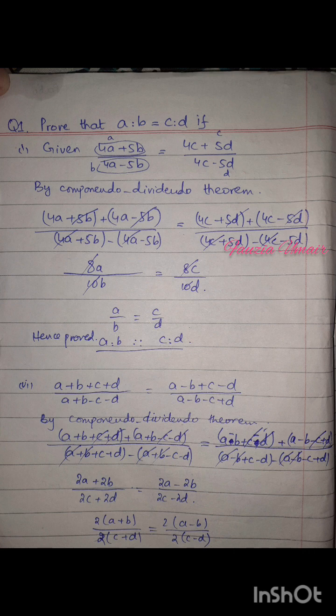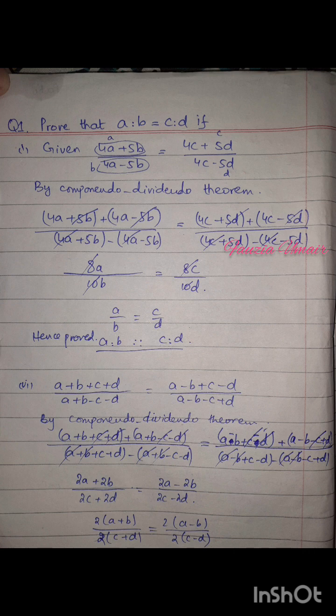Now this is very important: 4a plus 5b, this whole term is considered A, and 4a minus 5b, this whole is considered B. The same is the case with 4c plus 5d, which is your C, and 4c minus 5d, which is your D. So using the componendo dividendo theorem, we will write down A plus B by A minus B is equal to C plus D by C minus D.